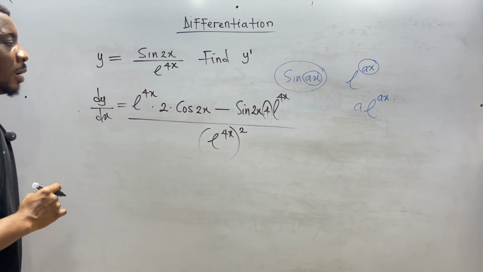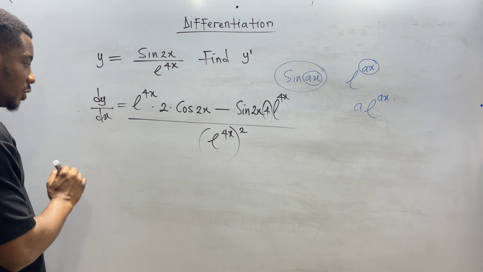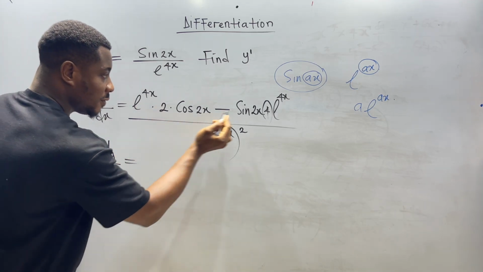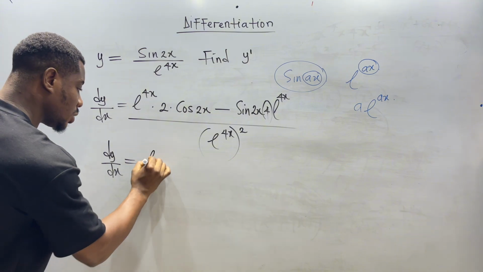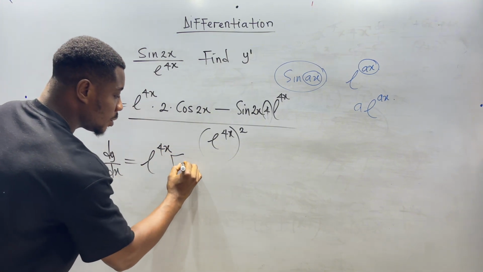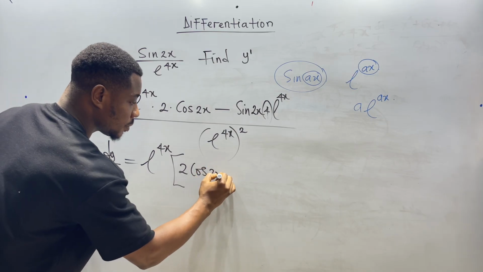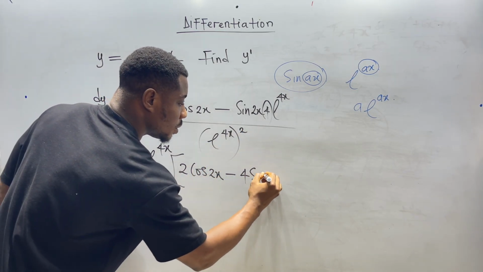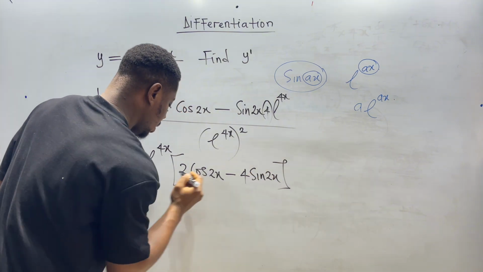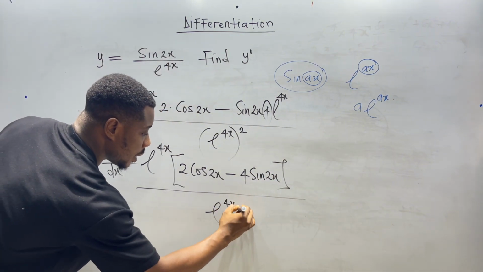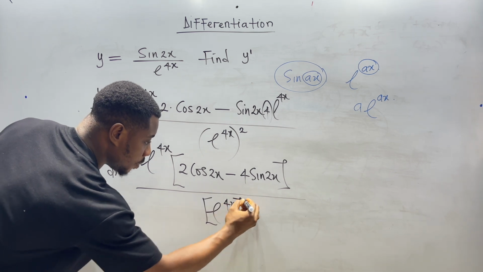Okay. Now, from my observation, I'm seeing that exponential 4x is common. So let's bring it out. Exponential 4x is common. Open bracket. What is left here? 2 cos 2x. Okay. What is left here? Minus 4 sine 2x. Okay. Now, divided by exponential 4x to the power of 2.